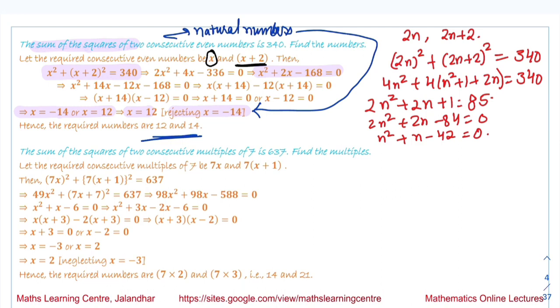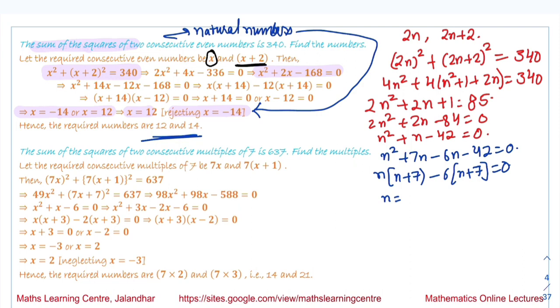Now we have to split the middle term. So it is n square plus 7n minus 6n minus 42 is equal to 0. So we get n is common, and n plus 7 is common, so n minus 6 into n plus 7 is equal to 0.